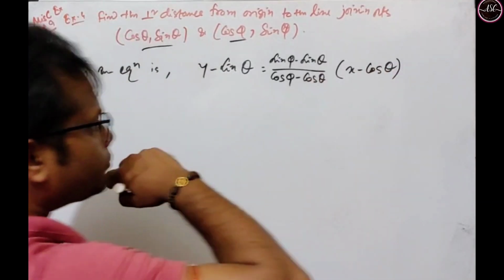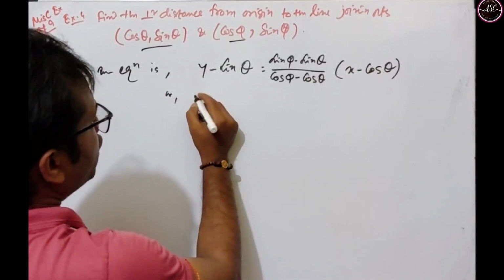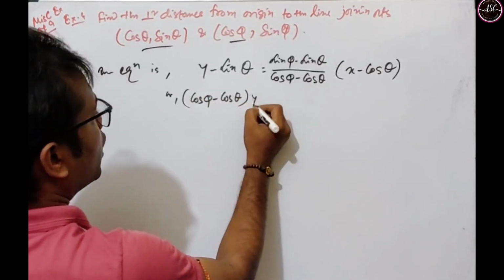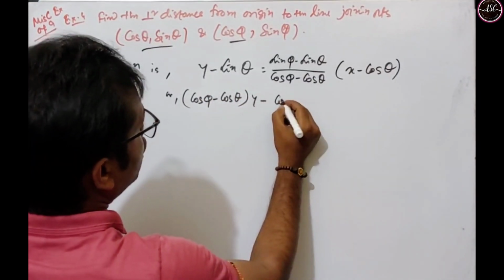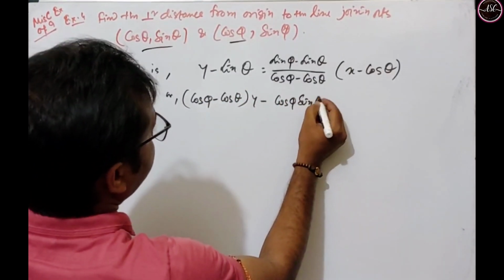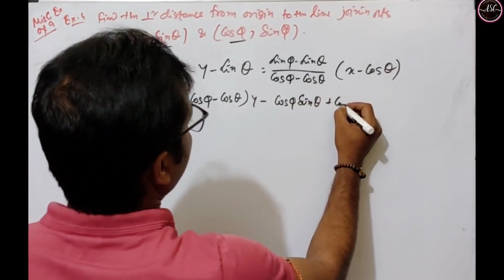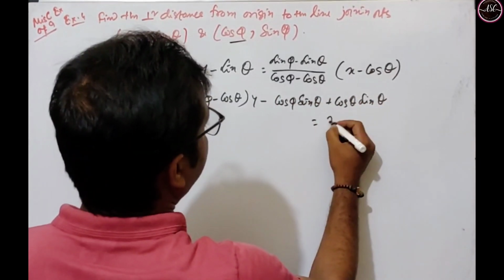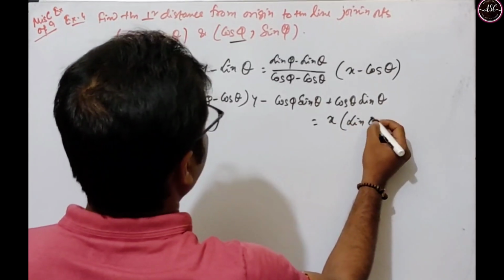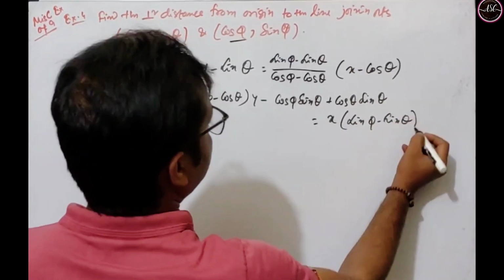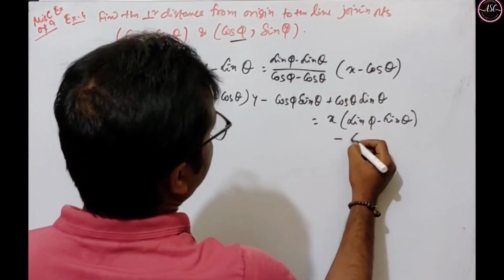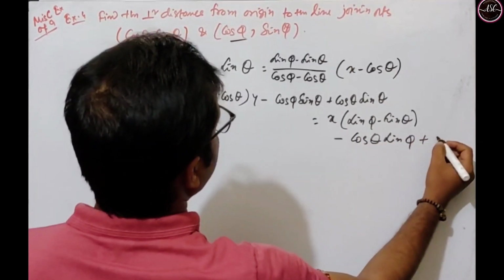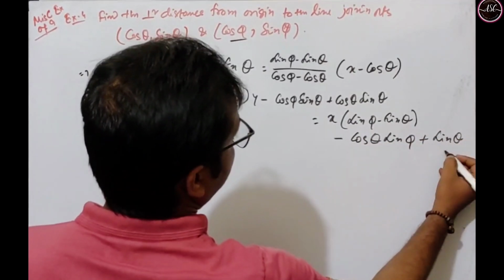Okay. Just cross multiply, we have cos phi minus cos theta into y minus cos phi sin theta plus cos theta sin theta, okay, equal to x of sin phi minus sin theta, and here minus cos theta into sin phi plus sin theta cos phi.